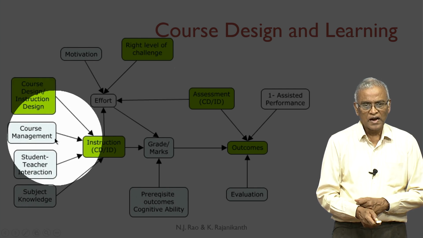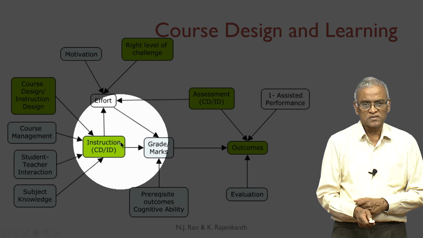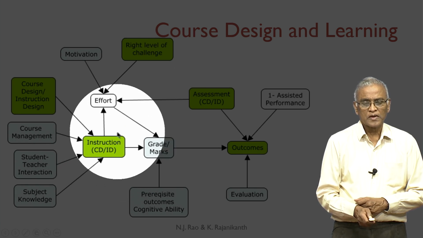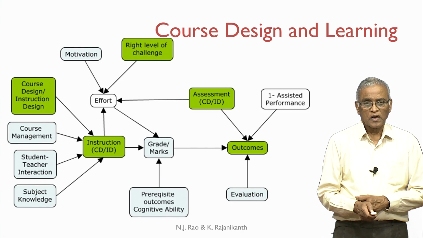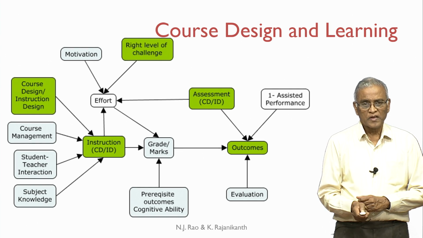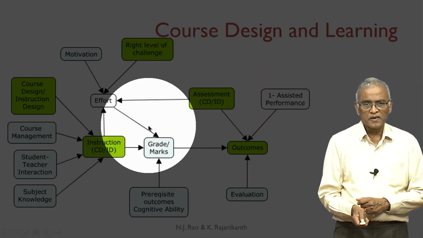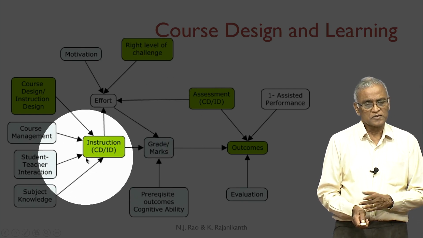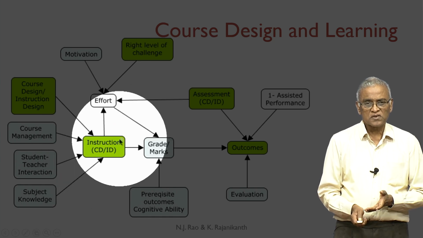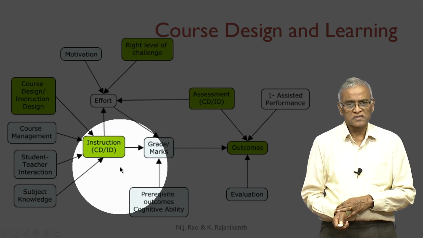All these four together will lead to instruction. But instruction will also determine what grades and marks students are likely to get. If the classroom instruction is poor, it will have an impact on the grades and marks.